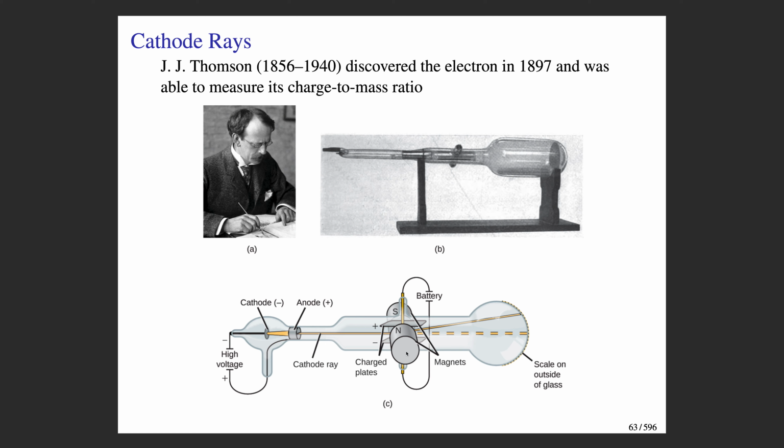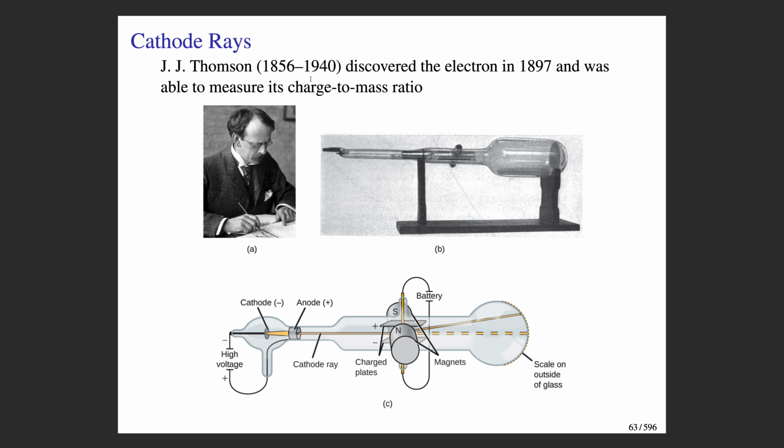Okay, and so at first, J.J. Thomson didn't know exactly what he was seeing. They were called cathode rays. But by analyzing the results of this experiment, J.J. Thomson was able to conclude that the particles in the cathode rays were negatively charged, and by deflecting the beam in a very careful way with the magnetic field, he was able to deduce from the deflection the ratio of this particle's charge to its mass.